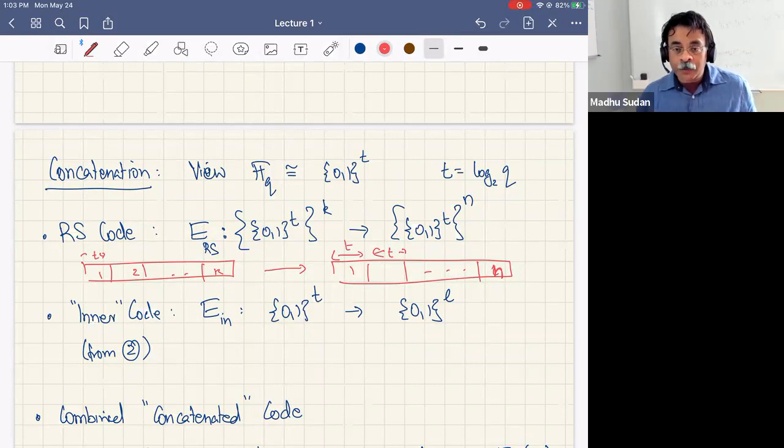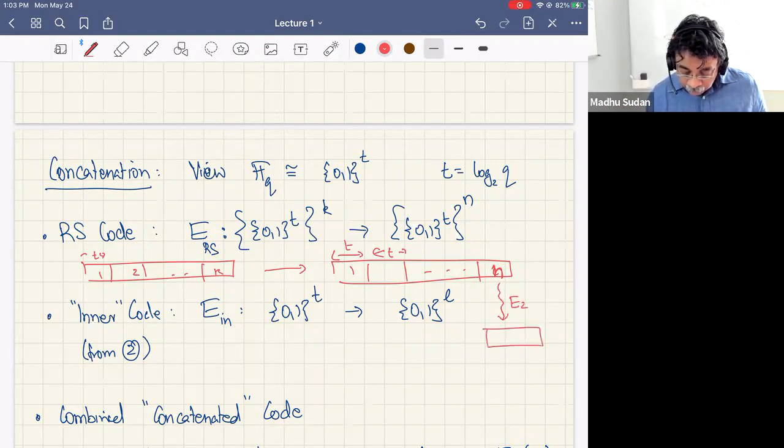It's not actually going to be strictly to the right of the y-axis in this picture that we are drawing. So to make it better, what we will do over here is put another encoding function, E2, which will take these T-letter sequences to L-letter sequences, where L is larger than T, and just apply it blockwise to each block.